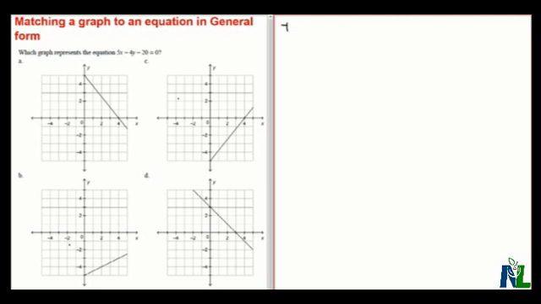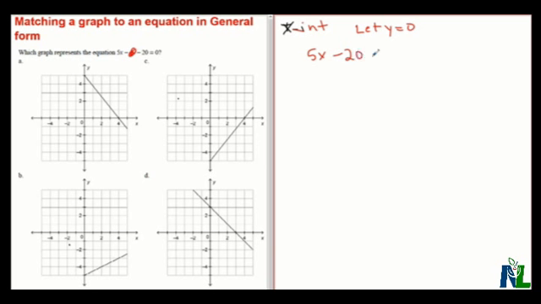So if we're finding the x-intercept, we have to let y be equal to 0. And so that would give us 5x, and then the 4y would now be 0.